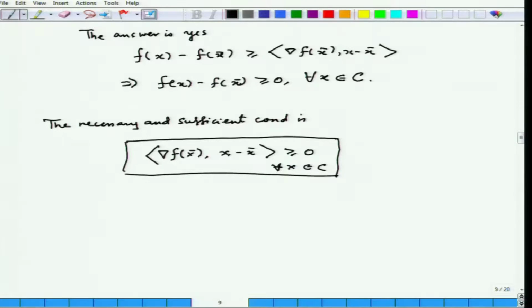Now, this grad f, if you observe, is a vector function from Rn to Rn.